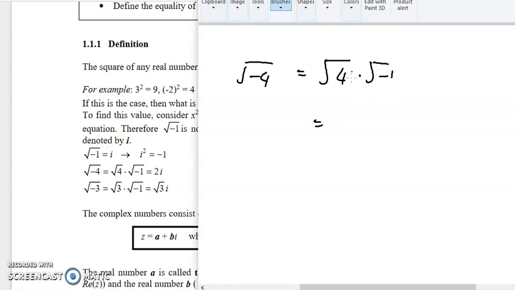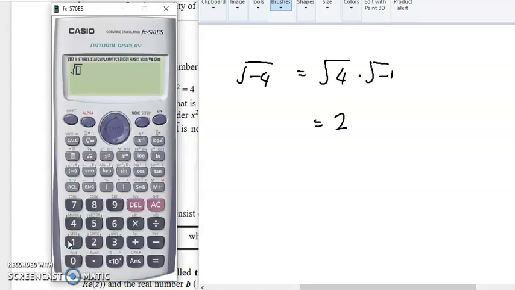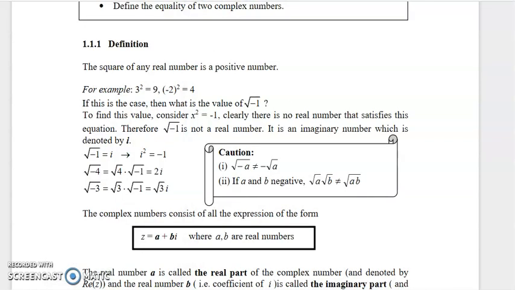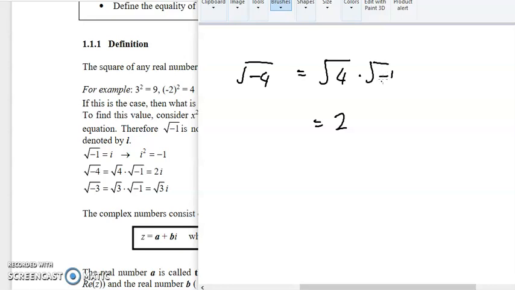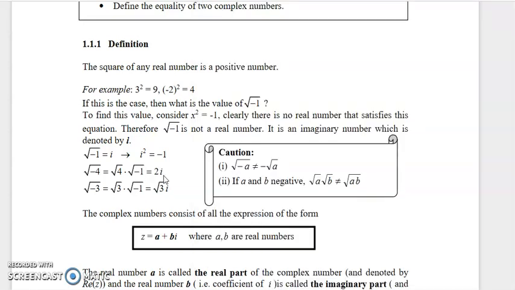The square root of 4, as we know, is 2. If you don't trust me, just put it in the calculator: the square root of 4 will be equal to 2. And we know that the square root of -1 is equal to i. So we'll have 2i over here.